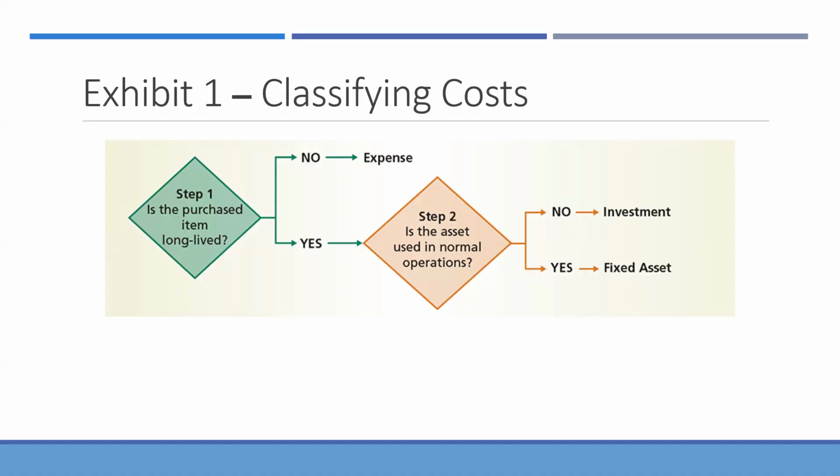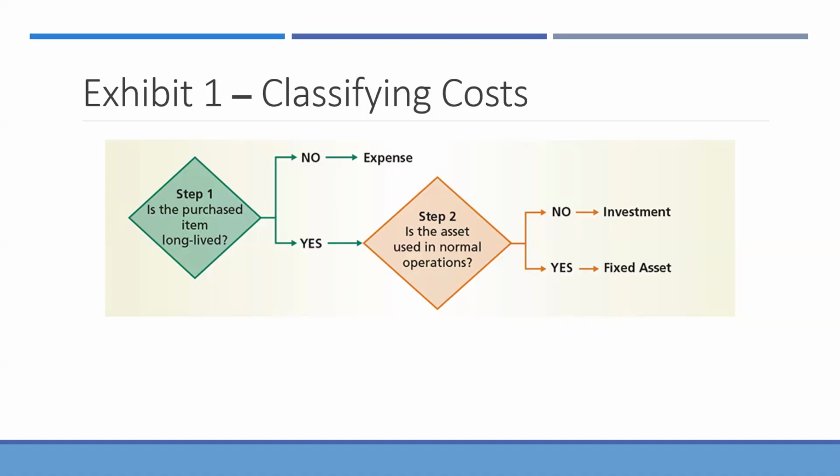But step one is: is the purchase long-lived? If not, it's used up as an expense. And if it is long-term, then is it an asset that's used in normal operations? If not, then it's an investment. And if yes, then it's a fixed asset.